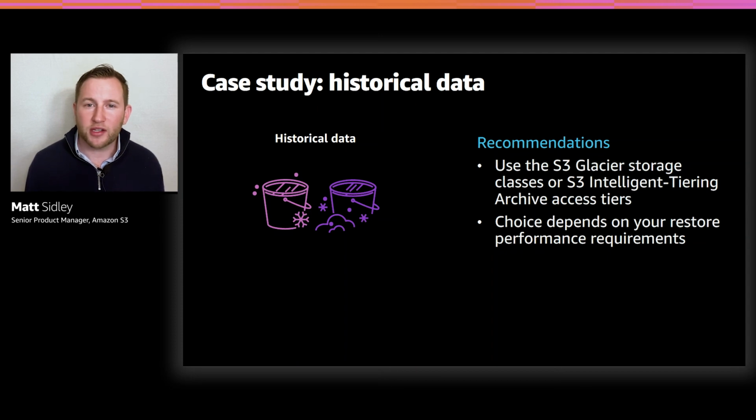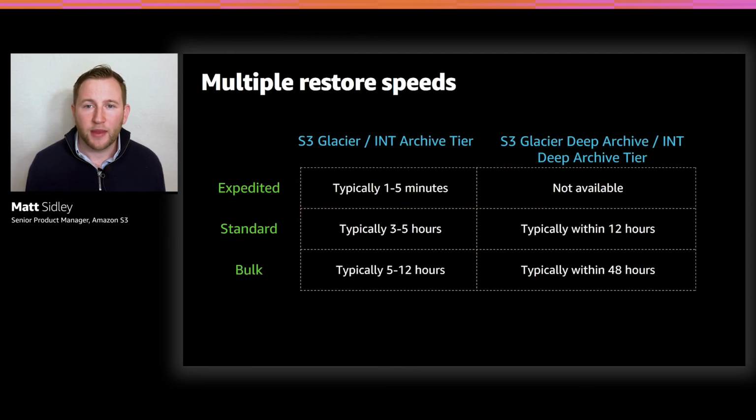The choice of which S3 Glacier storage class to use or which archive access tier to use really depends on what your restore requirements are. The main difference between Glacier and S3 Glacier Deep Archive and the two archive access tiers in Intelligent Tiering is the restore experience.